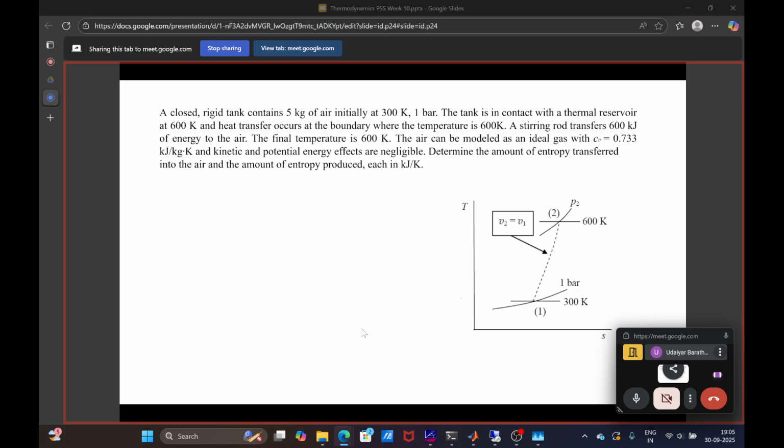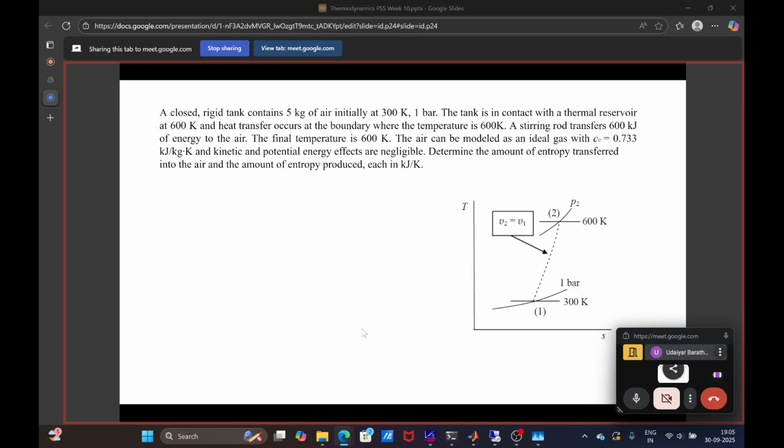Since it's a closed system, we don't know the pressure, so we need to find it, but we know it reaches a temperature of 600 Kelvin, and since it's a closed rigid system, the volume is constant. And during this heating, there is also a work transfer by stirring the air, which makes sure that the content inside is at the same temperature.